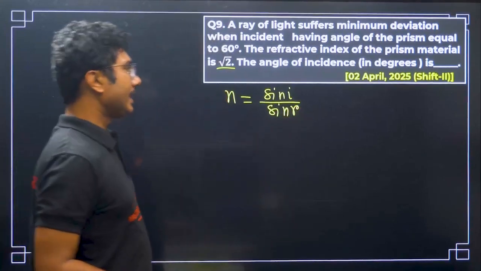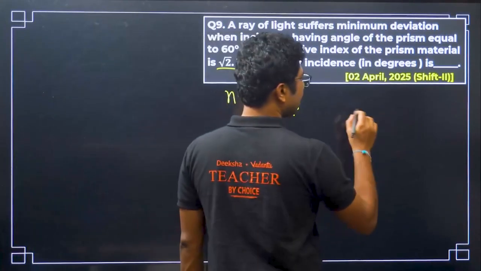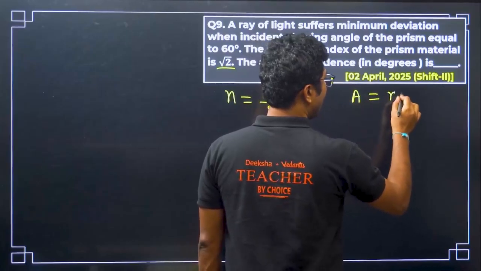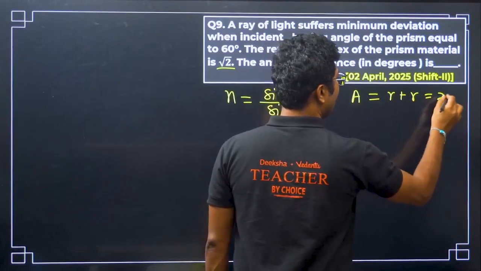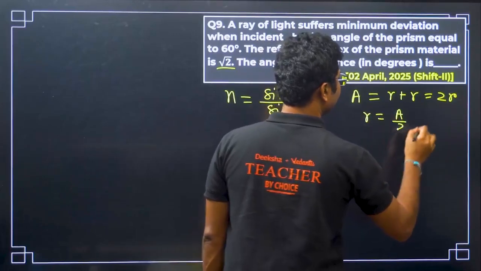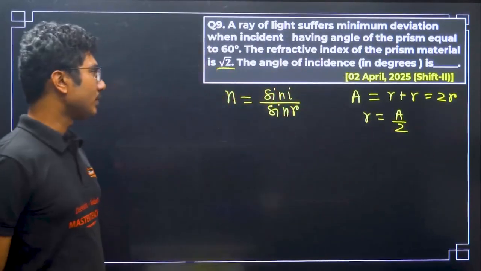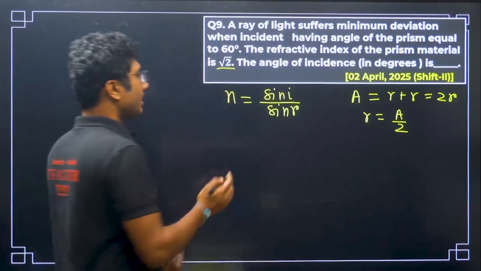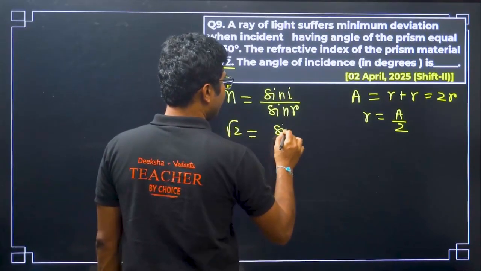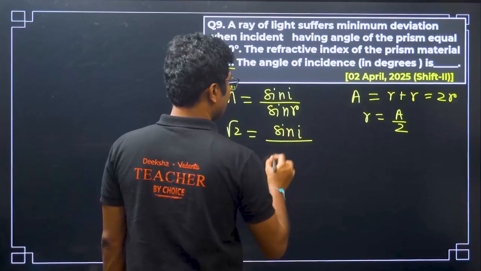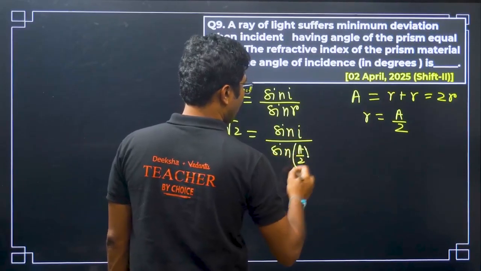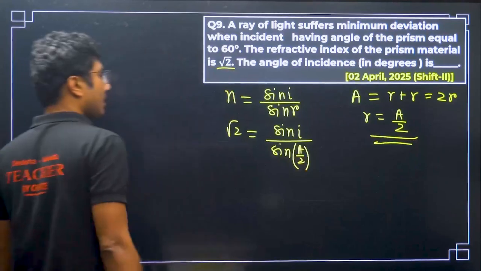Now, in case of minimum deviation, the angle of the prism is R plus R, that is 2R. So from here we can say R equals A by 2, if you remember the formula. So the N value is given, root 2, and we are trying to find the value of I, with sin A by 2. This is the formula.